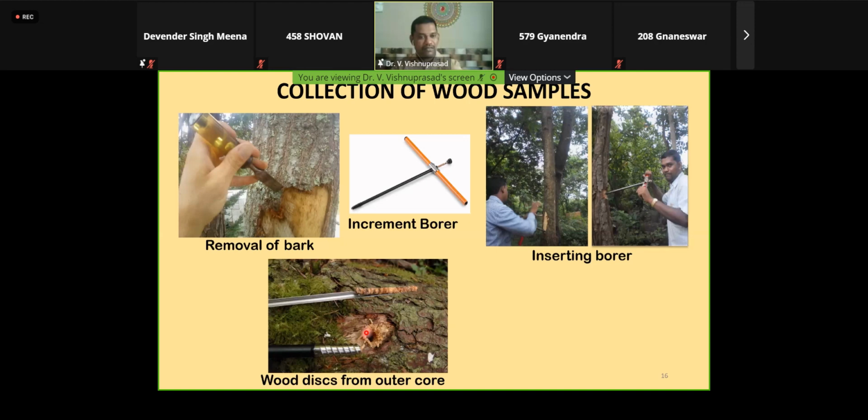Then there is an instrument. Now see, when it comes to sectioning at the college level, we have been taking a lot of sections in our undergraduate and even before undergraduate level as well. So you normally use a sharp blade. You hold the material in your hand and then you take a section.